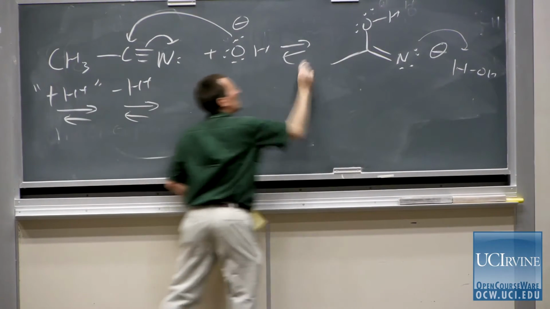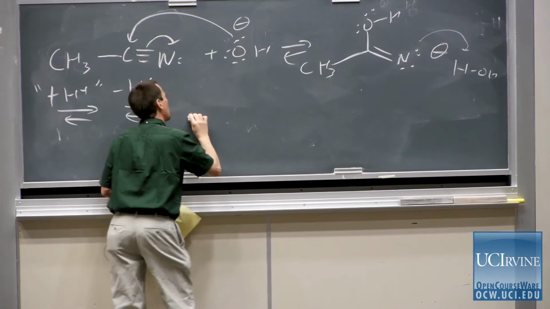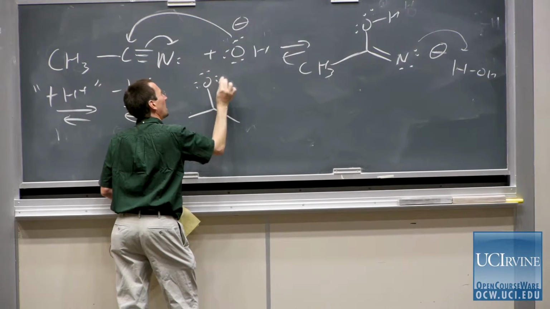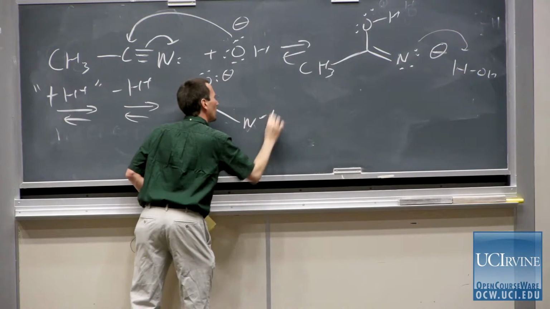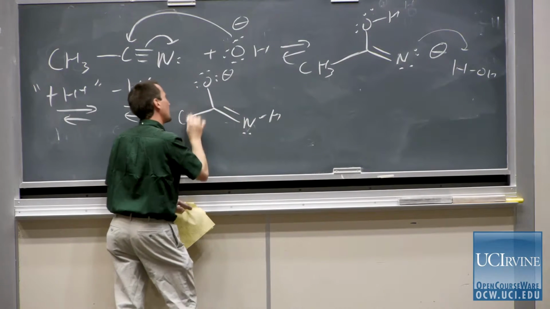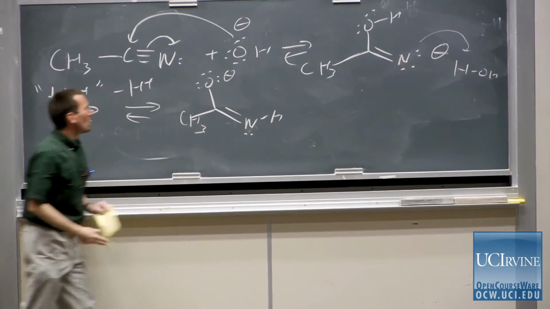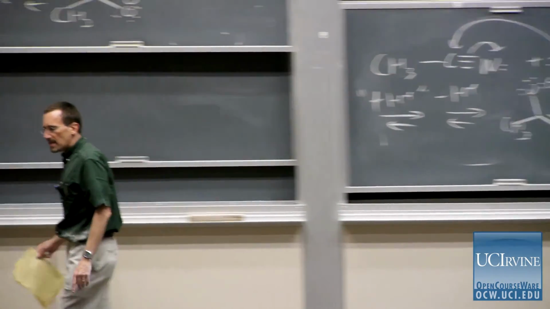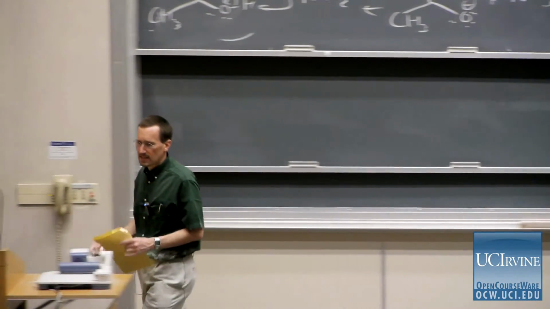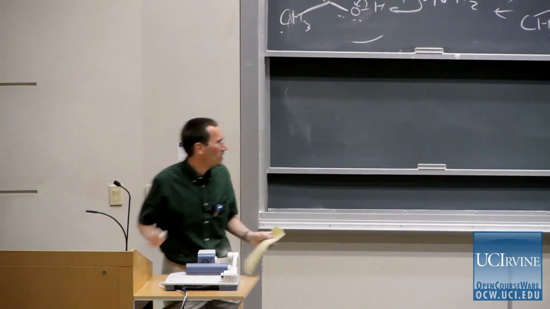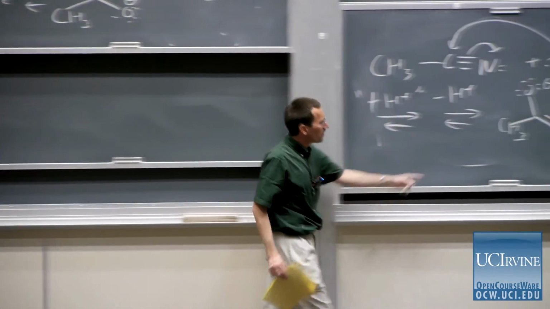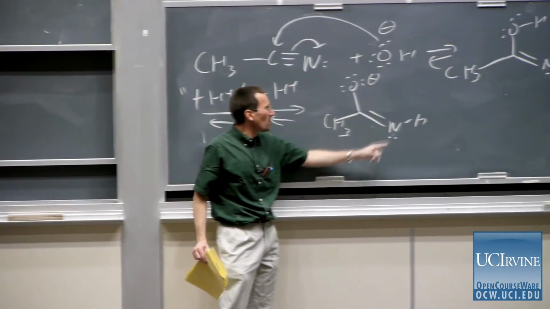Again, we've got a lot of tedious proton shuffling in the mechanism at this point, and I'm abbreviating things a little bit. One thing to keep in mind is this theme where nitrogen-carbon double bonds are very similar to carbon-oxygen double bonds.